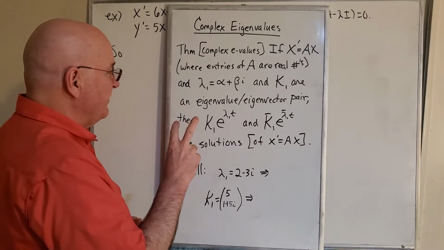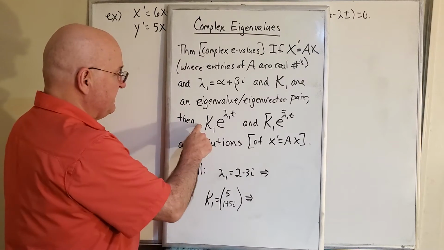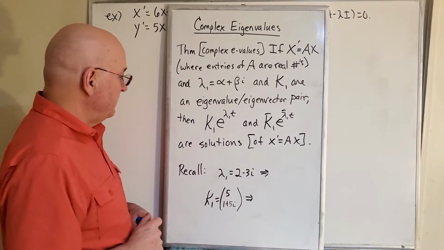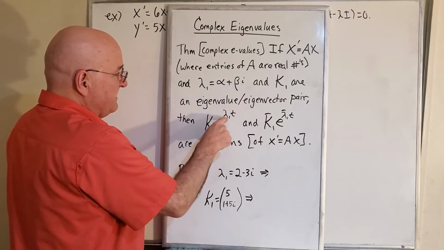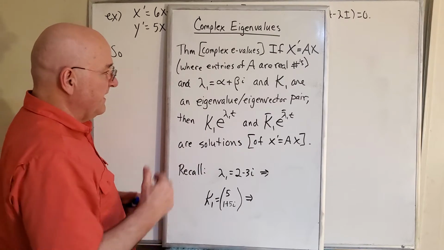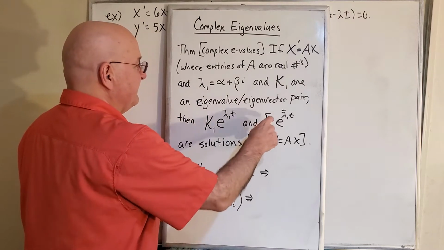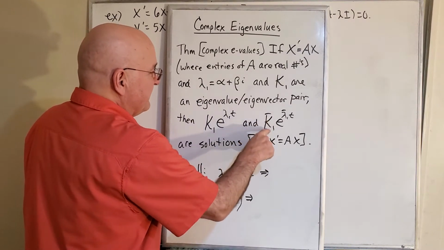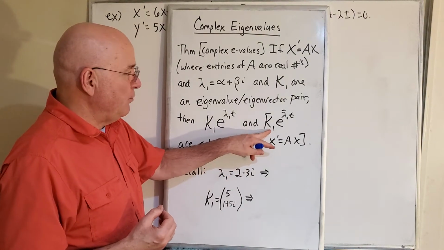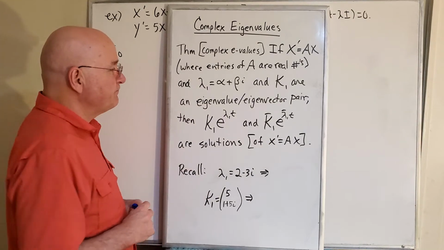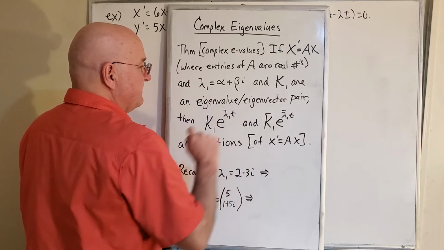then the two solutions that we could simply add together and put a C1 and a C2 in front of would be these two. K1 times e to the lambda 1 t, we've seen that before, and the other linearly independent solution would be K1 with the bar over it, which means the complex conjugate of K1, I'll explain that in a minute if you don't remember, times e to the complex conjugate of lambda 1 times t.